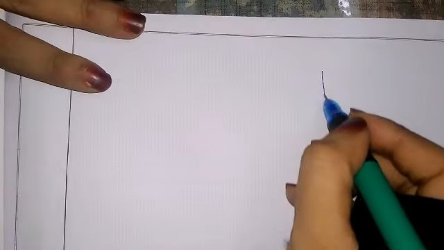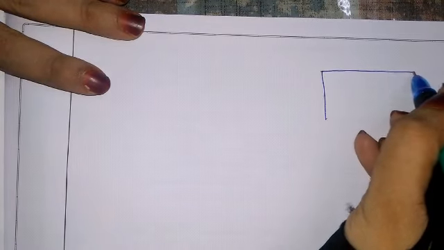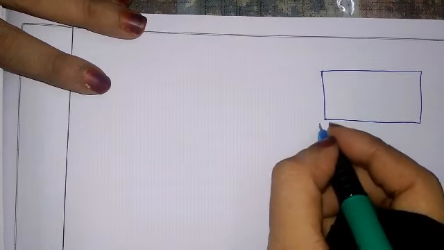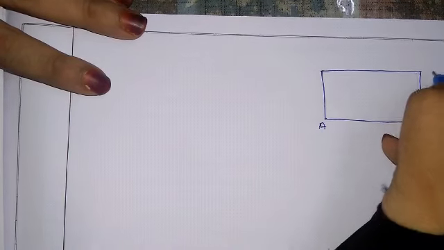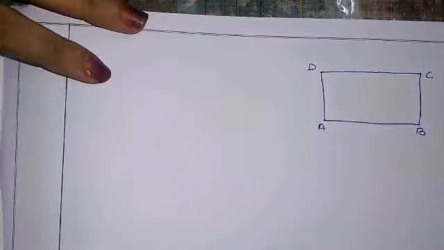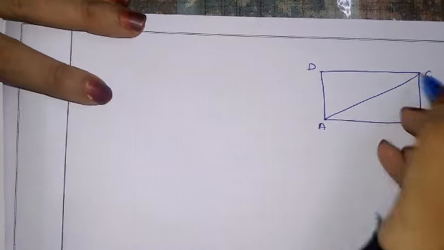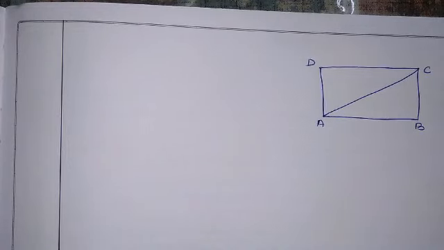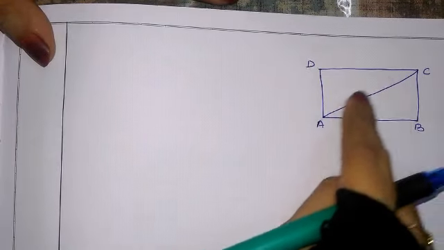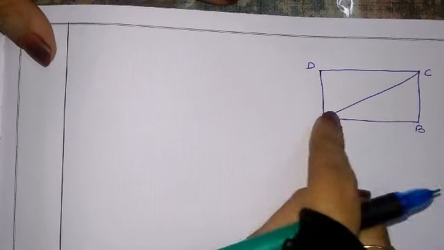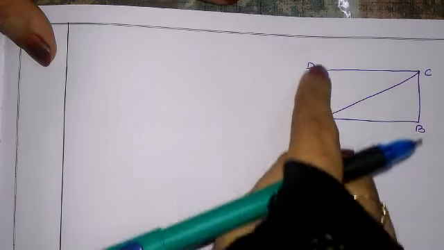Let us consider one rectangular playground, I'll draw. For example, this is a playground. Okay, I'll write the names A, B, C, D. Now they have told, and a diagonal, it is mentioned in the question, there will be a diagonal. They have told the diagonal is 60 meters more than the smaller side and the longer side is 30 meters more than the smaller side.